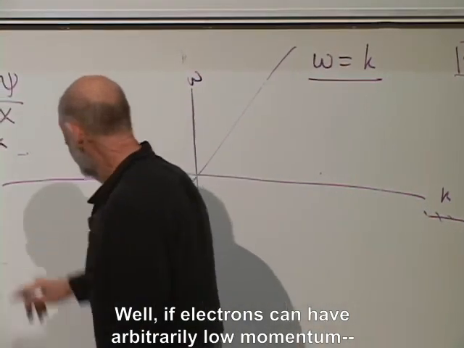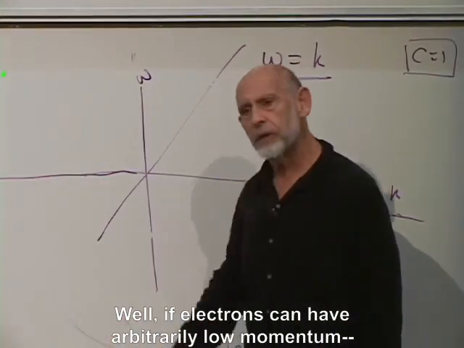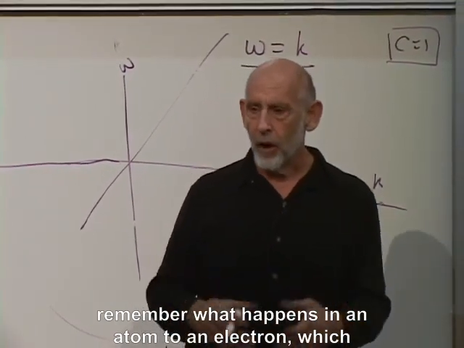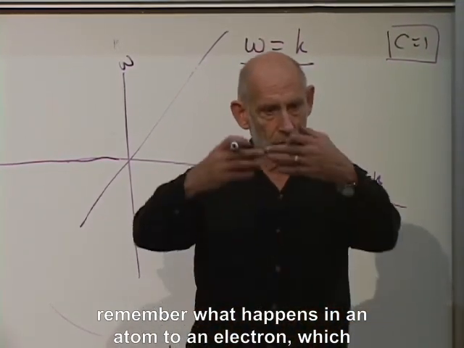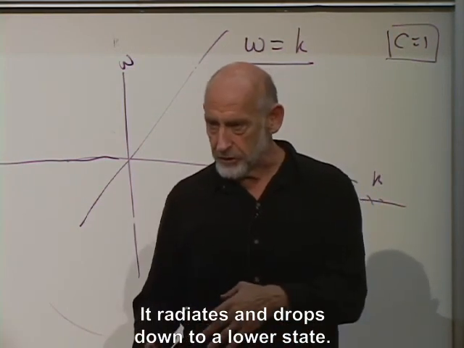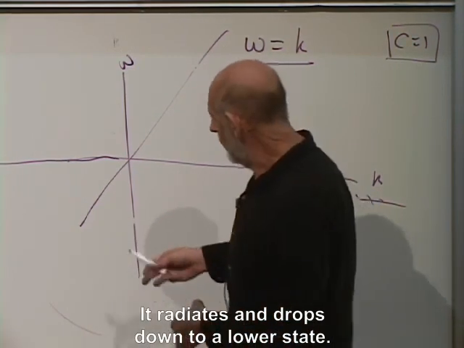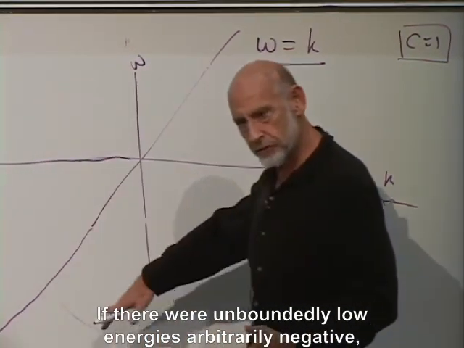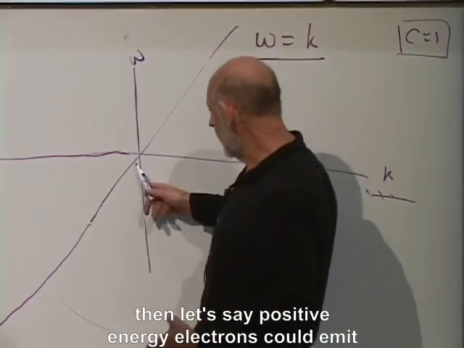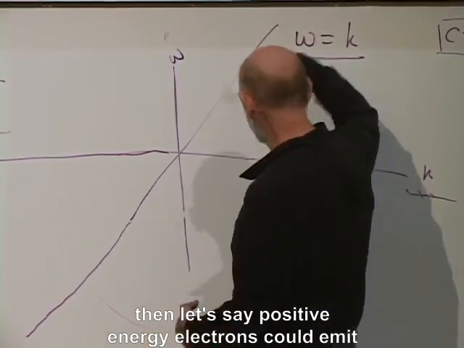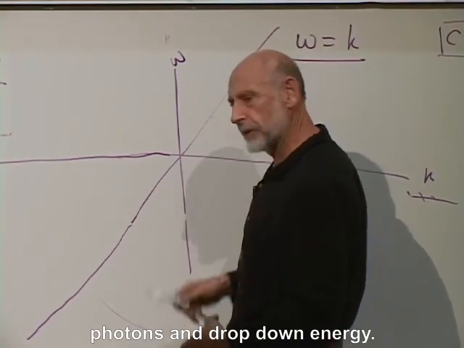Well, if electrons can have arbitrarily low momentum, remember what happens in an atom to an electron which is excited. It radiates and drops down to a lower state. If there were unboundedly low energies, arbitrarily negative, then electrons, let's say positive energy electrons, could emit photons and drop down in energy.